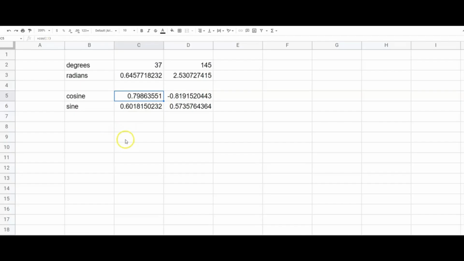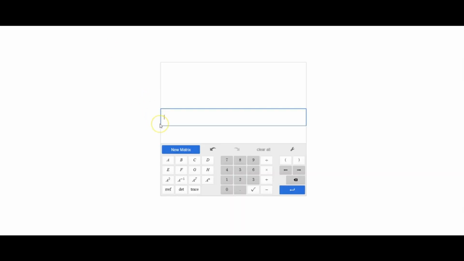Now we are going to go to desmos.com/matrix, and if you go there, you will end up here. So what we're going to do now is click on New Matrix, and I want my matrix to have 2 rows and 3 columns.